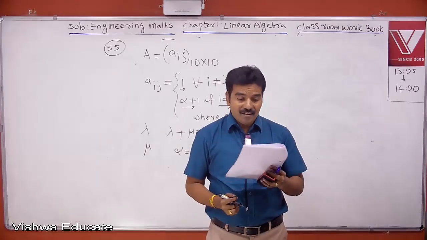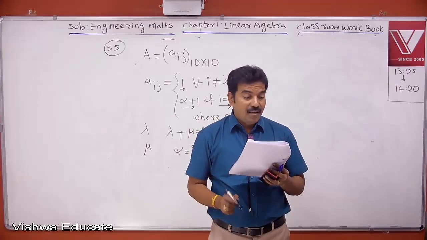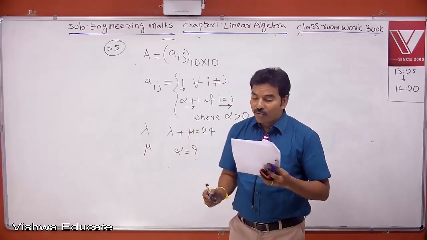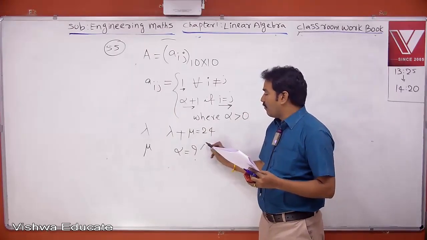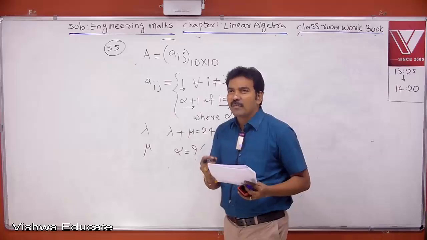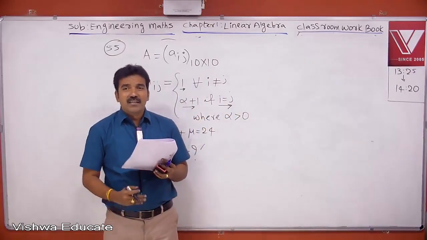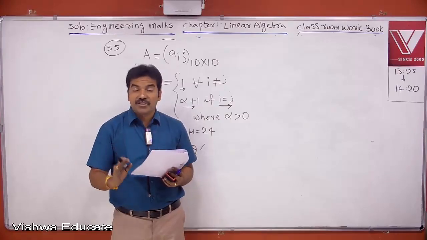So it is given that lambda is the largest eigenvalue of such a matrix and mu is the smallest eigenvalue of that matrix. And moreover, lambda plus mu equal to 24. In that case, what is the value of lambda? Now the practical issue in this case is its dimension, right? If it is 2 by 2 or 3 by 3 or somehow 4 by 4, we can manage.